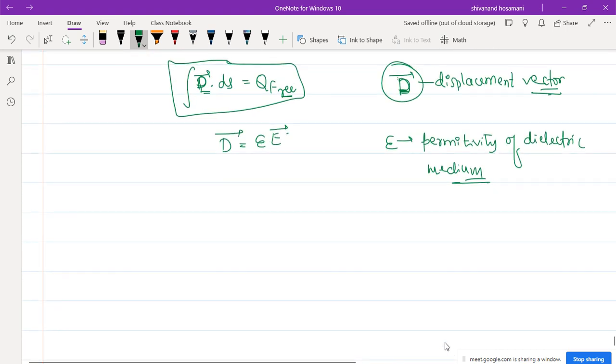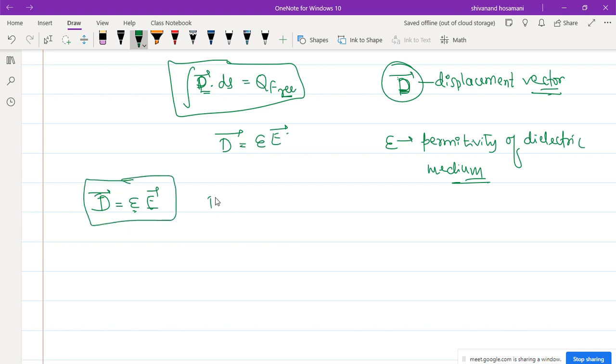See, this displacement vector d is defined as epsilon into E, right? So we can redefine this epsilon in terms of relative permittivity and permeability. And moreover, this dielectric displacement vector is also defined like this.